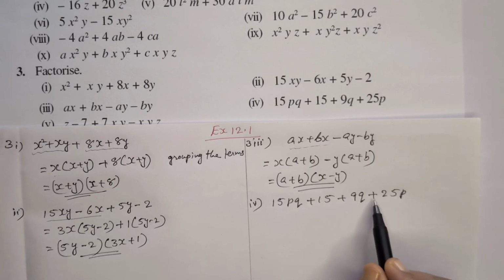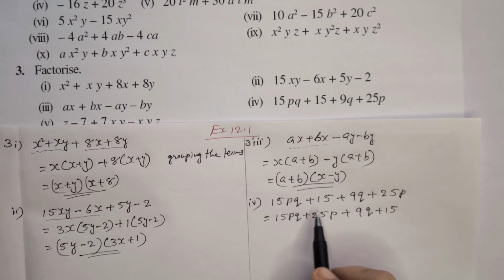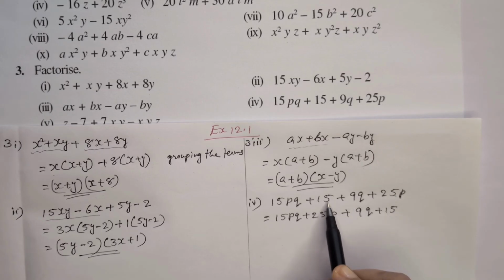Here there are no other common factors. So we can rearrange that. We just have to rearrange the given terms: 15pq plus 25p, then plus 9q plus 15. Interchange these terms.